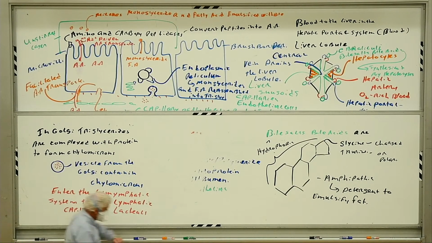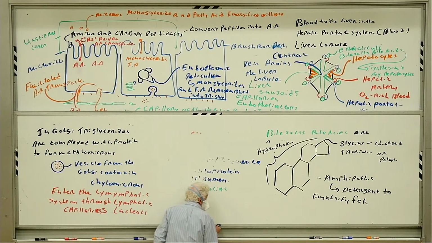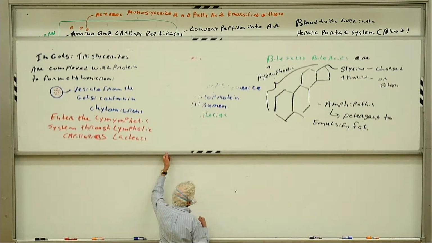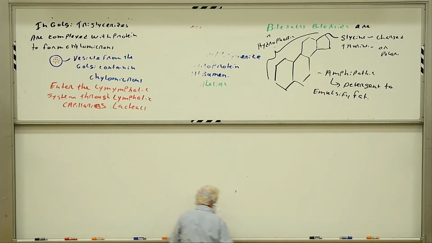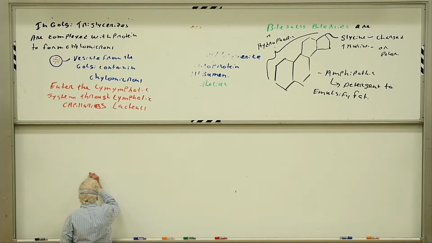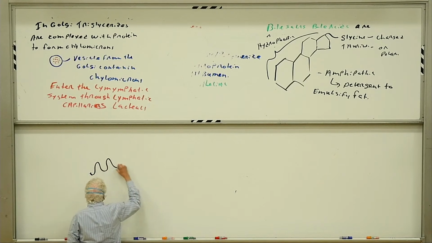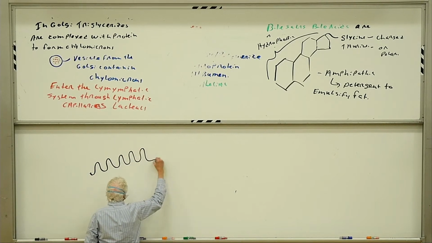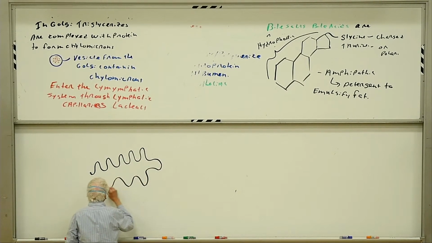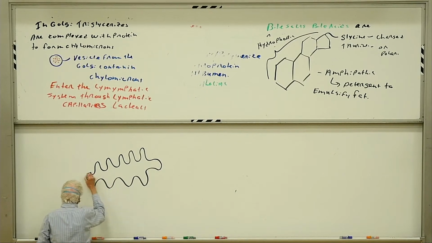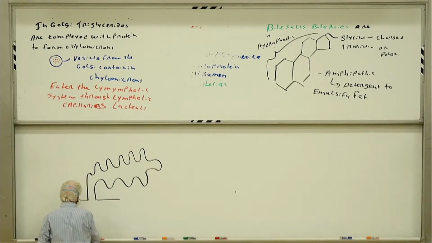For the last couple of minutes, let me finish the story quickly with something I think is really important. We're going to start here with a structure we're familiar with. This is meant to be the exocrine pancreas. It's the crenellated structure of the exocrine pancreas. It empties into the small intestine.